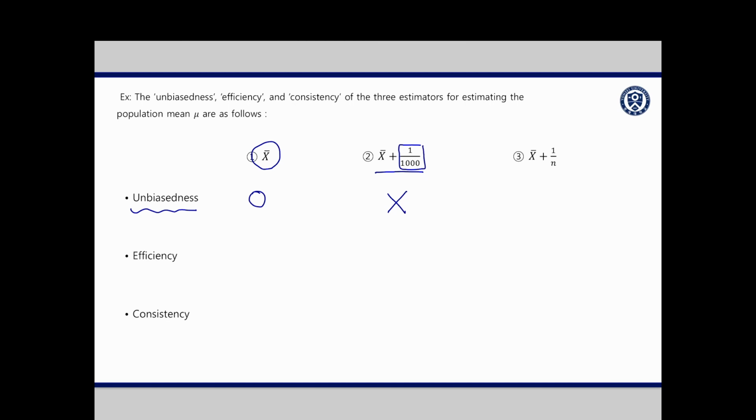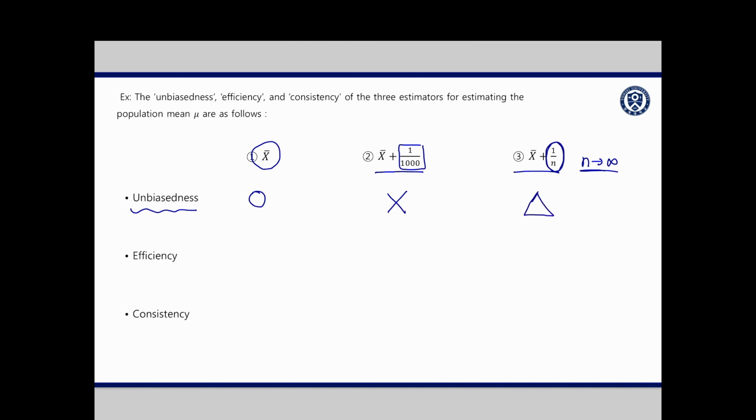The third estimator has a bias of 1 over the sample size n. However, as the sample size increases, the bias goes to 0.